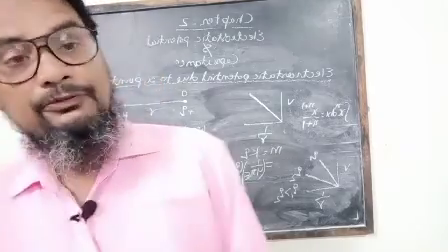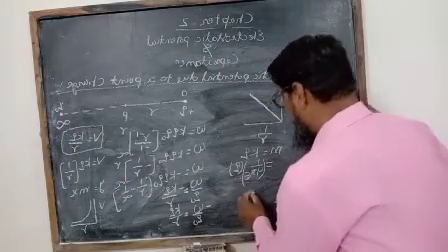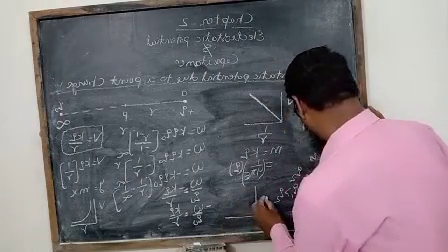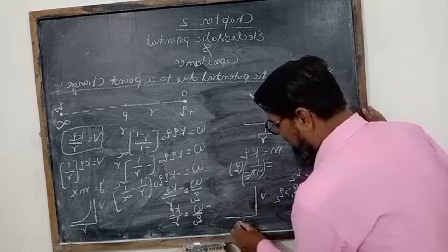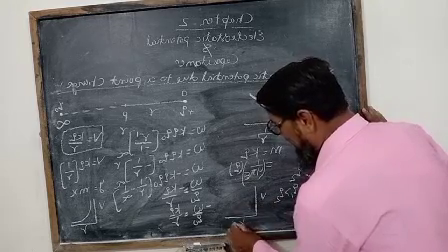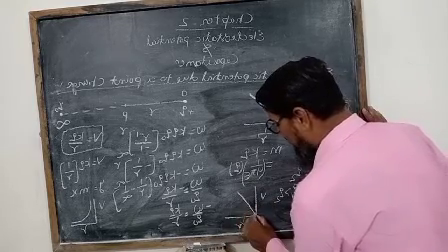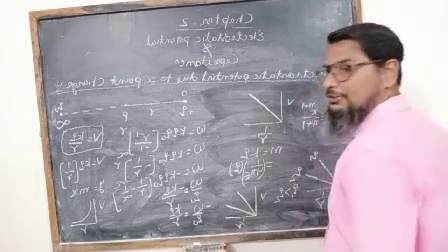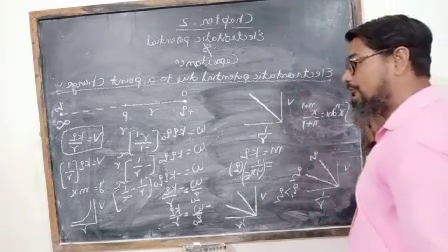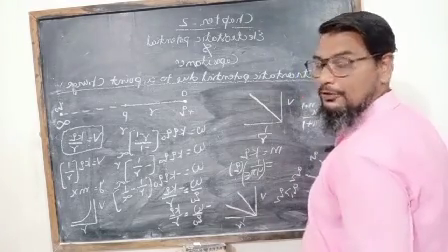And for vacuum, if we consider two curves of V and 1 upon R, again two curves are obtained for the same magnitude of charge, one for vacuum and the other for a medium.